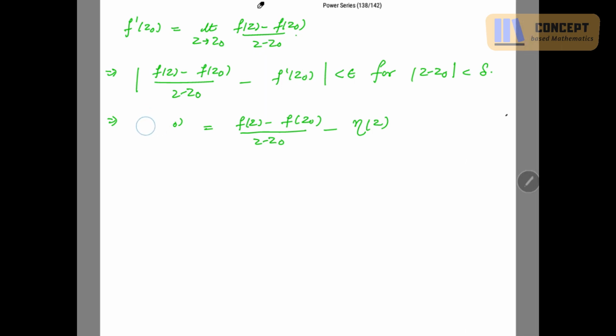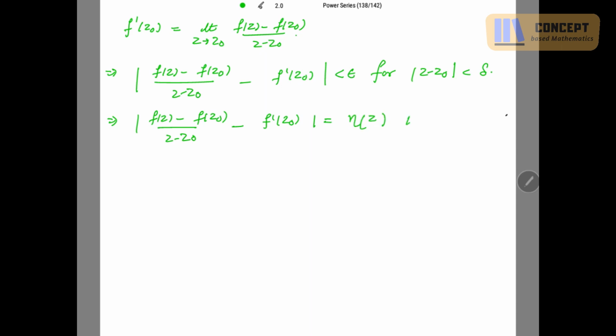If I write like this, since this mod is less than epsilon, let's take f of z minus f of z0 over z minus z0 minus f dash z0, this is equal to eta of z, where this eta of z is less than epsilon, when mod of z minus z0 is less than delta.